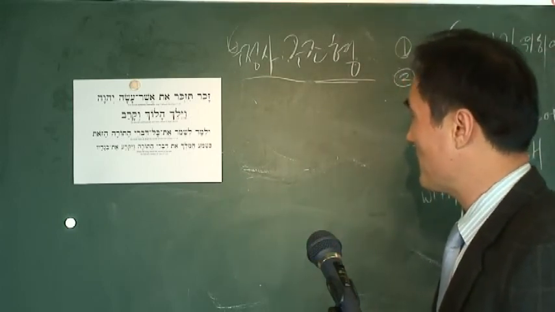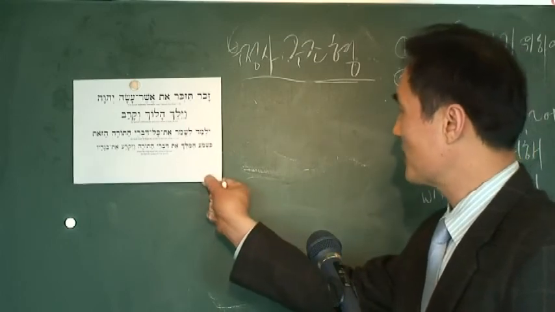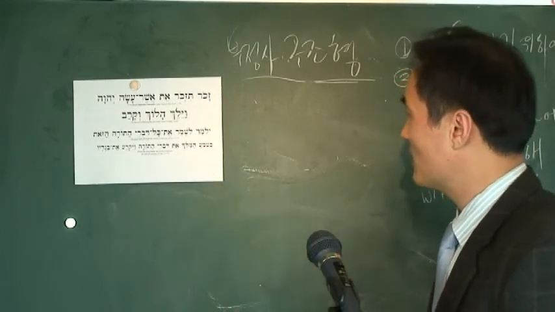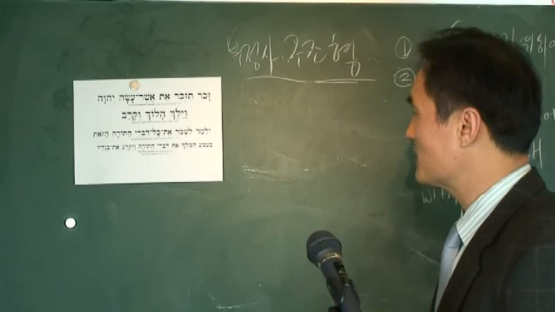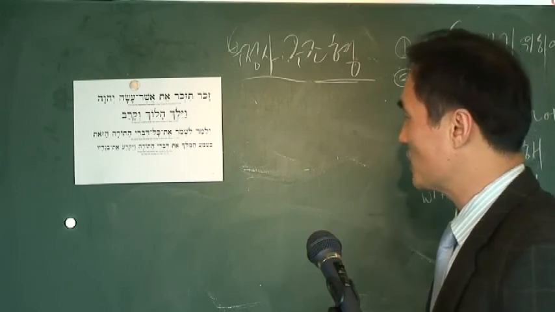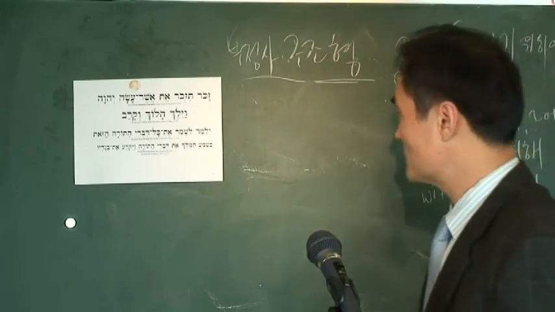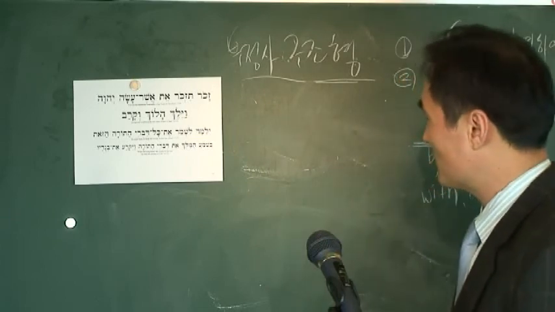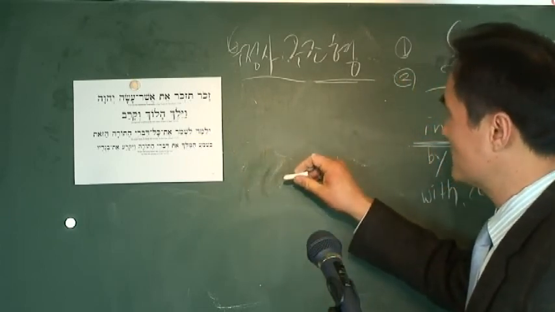Let's look at a sentence as an example. Ki shemoa Hamelech et dibre haTorah vaikra et bigdav.